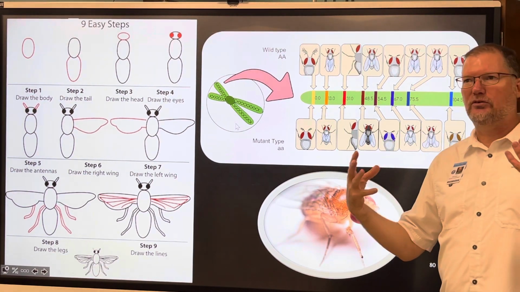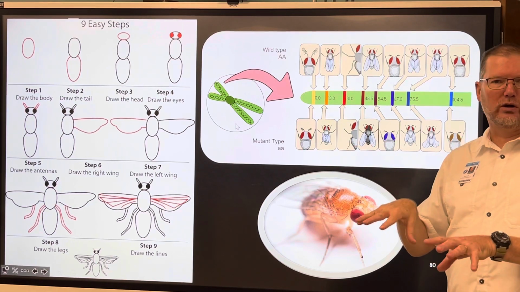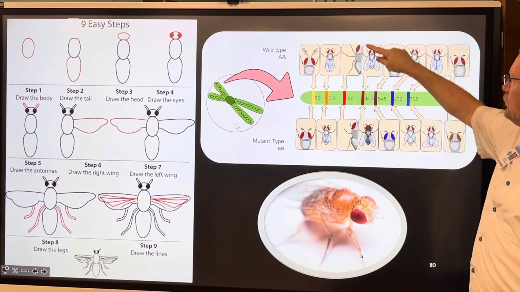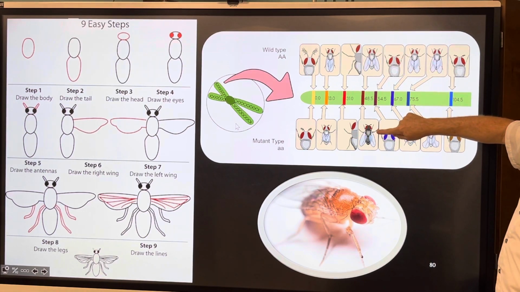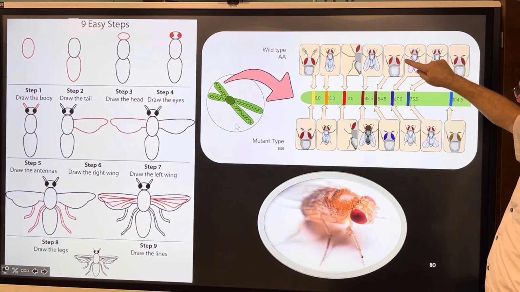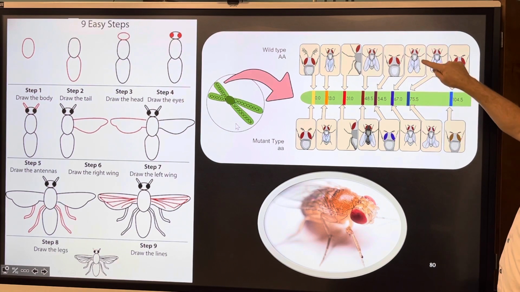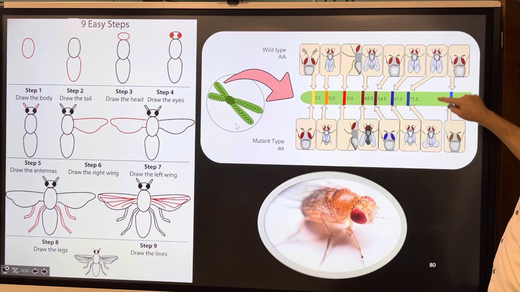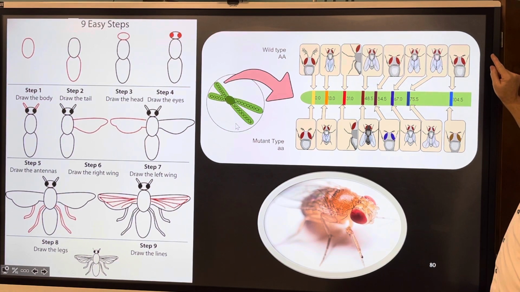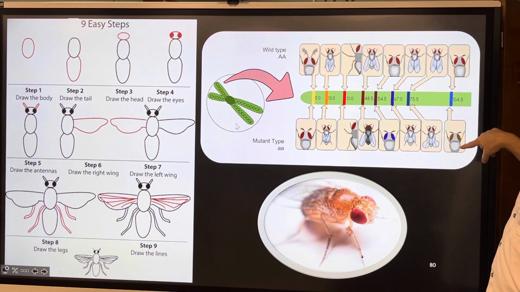The purple flowers, the white flowers, the tall, the short, right? Here you've got different leg length, different body color, different eye color, wing size, wing shape, and I'm not sure what this is showing exactly.